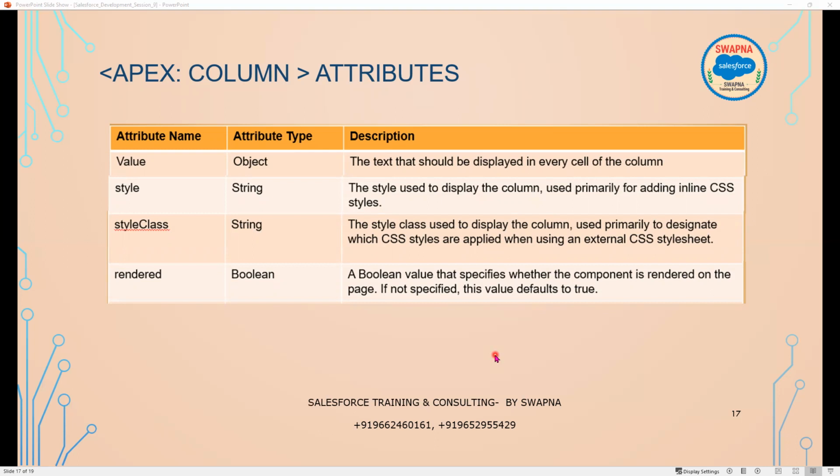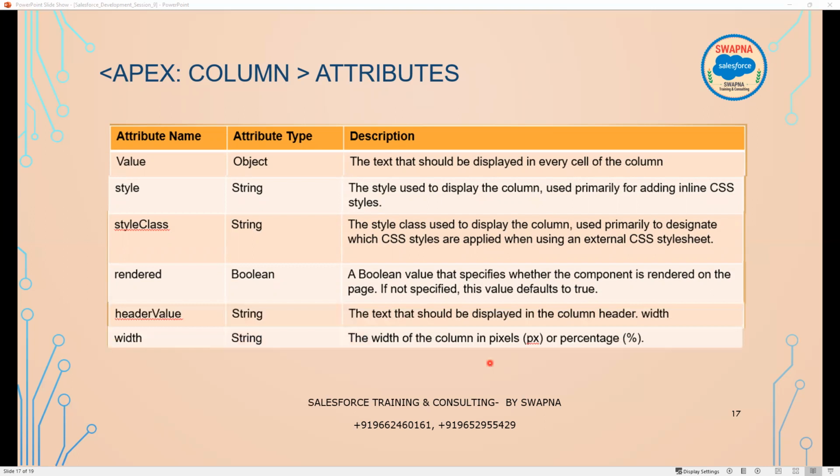If you want to refresh whenever some updates are happening, you render the page. We will see this attribute later. Next, we have headerValue and width. Now let's go ahead and see the example so that you can understand.